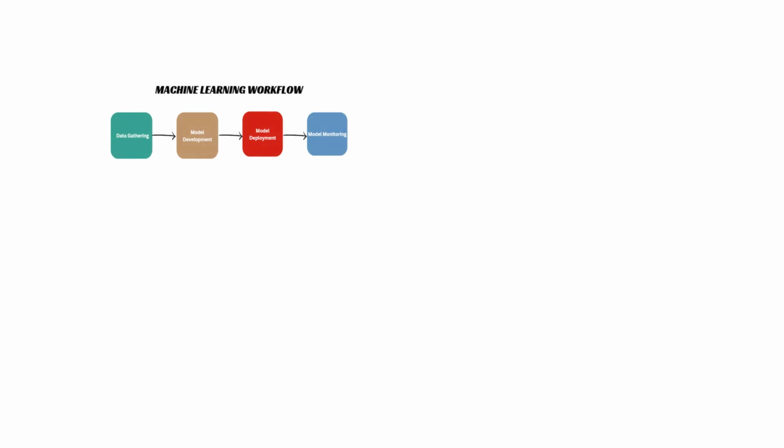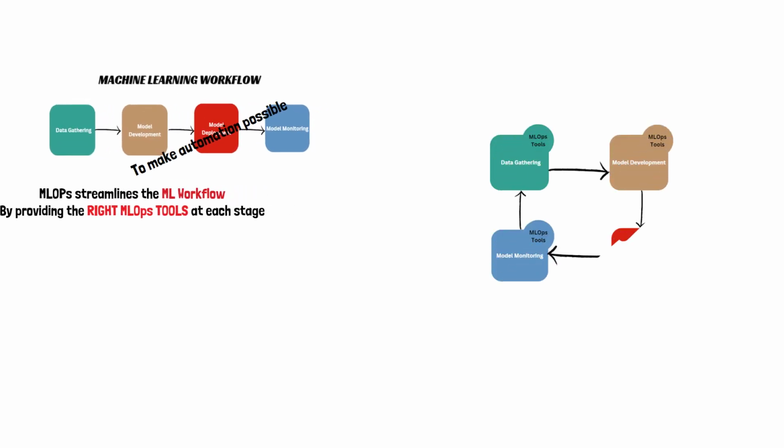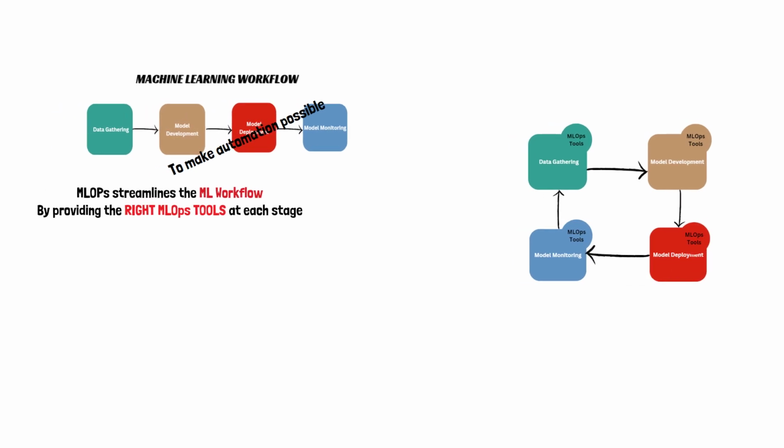MLOps streamlines this ML workflow by providing the right MLOps tools at each stage, all with one goal in mind: to make automation possible. By applying the right MLOps tools at each stage of the ML workflow, we create an end-to-end automated ML system with a feedback loop, resulting in a more reliable and efficient ML system.